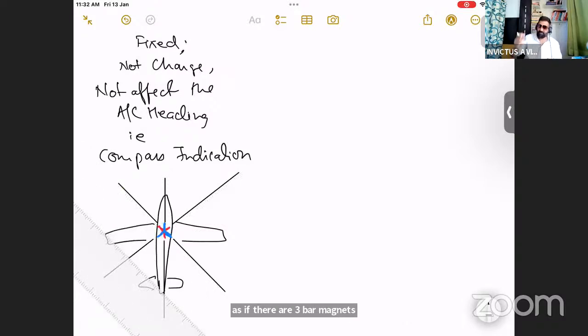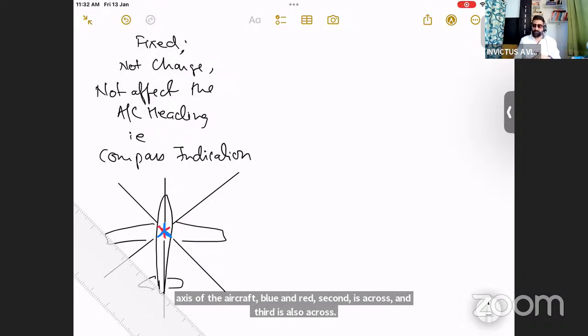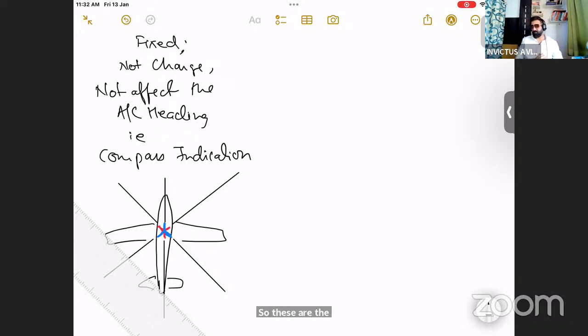The first bar magnet is along the longitudinal axis of the aircraft, blue and red. Second is across, and third is also across. So these are the 3 parts of the aircraft's hard iron magnetism, not affecting the heading. This is all that you learn about hard iron magnetism. That's it, because it's not affecting the heading. What does it mean not affecting the heading? It's not affecting the compass indication.